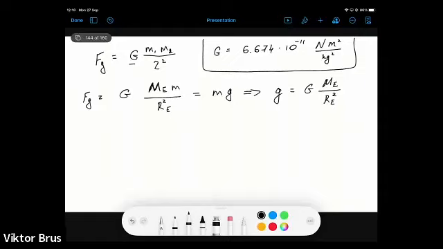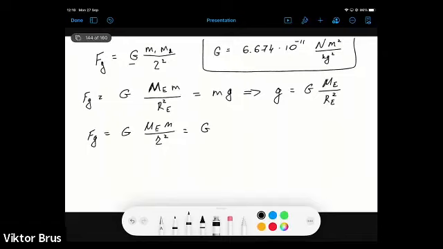However, if we go higher, then we know that the gravitational force is inversely proportional to the square of the distance between two bodies. So here we have the mass of the Earth, the mass of the object, and here is r squared. So this distance, if we go away from the Earth's surface towards space, will be increasing.